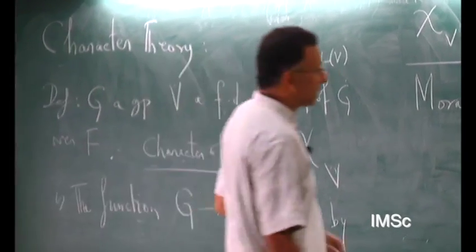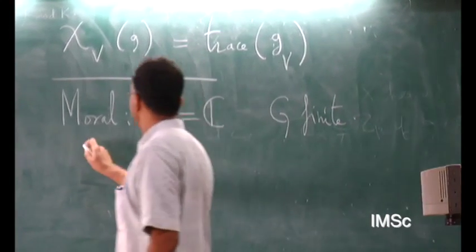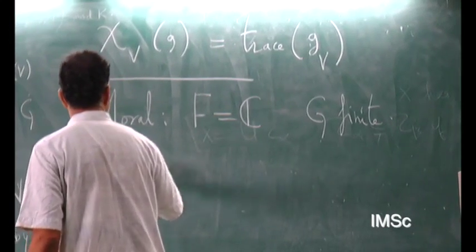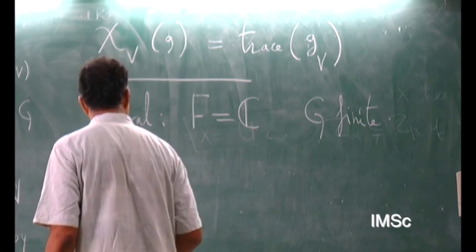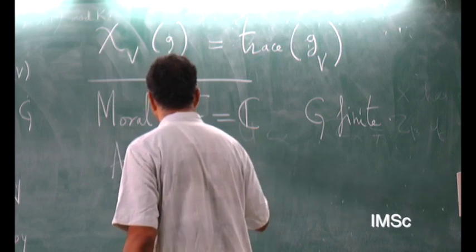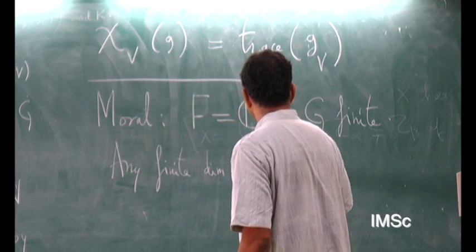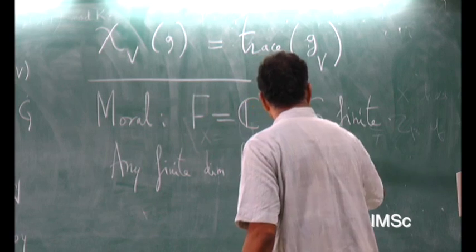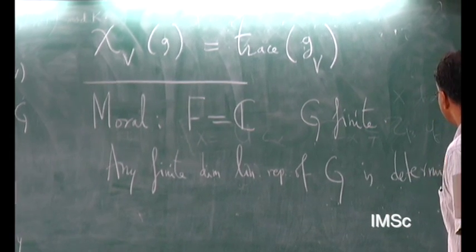Okay, G finite, any finite dimensional representation. We may not need this, but in any case, any finite dimensional linear representation of G is determined by its character.